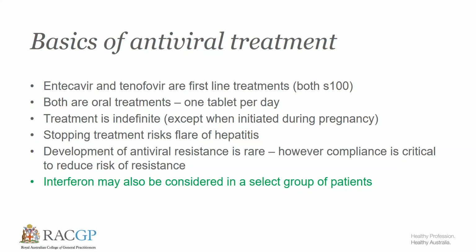They're oral, one tablet a day, and as we said before, once a patient starts on hepatitis B antivirals, it's usually indefinite. The exception is when the antivirals are used during pregnancy to stop transmission, then women will usually be weaned off them postnatally.